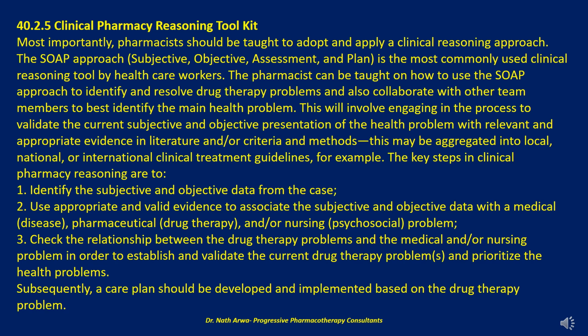Check the relationship between the drug therapy problems and the medical and/or nursing problem in order to establish and validate the current drug therapy problem or problems, and prioritize the health problems. Subsequently, a care plan should be developed and implemented based on the drug therapy problem.